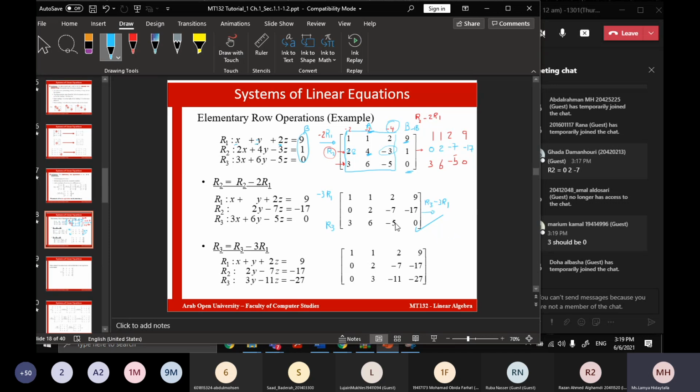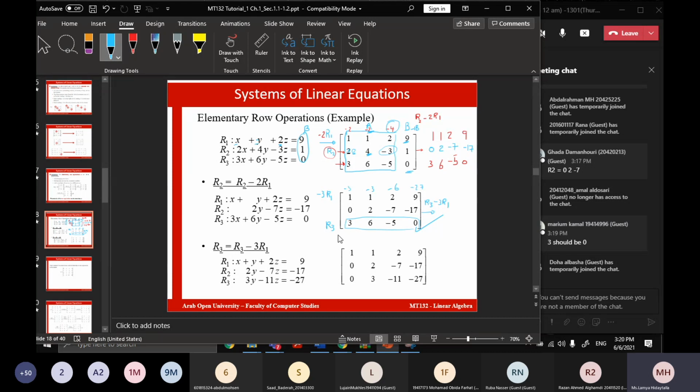Okay, so I'm going to change only this. Correct? The first two I will write as they are. Keeping in mind that when I multiply times minus 3 it gives me minus 3, then minus 3 times 2 is minus 6, 9 times minus 3 is minus 27, and then I am adding.